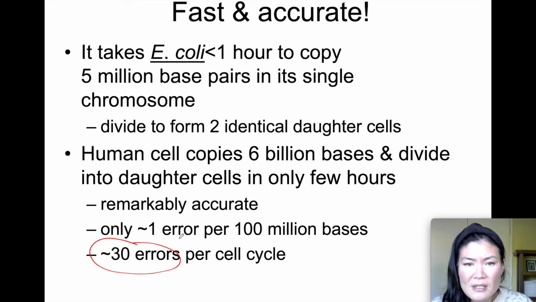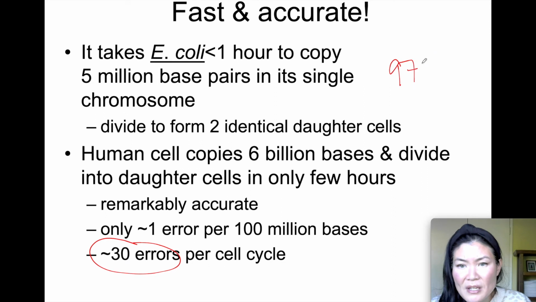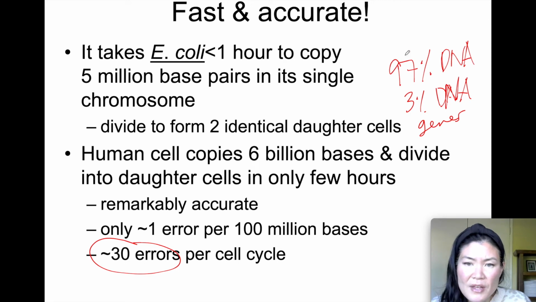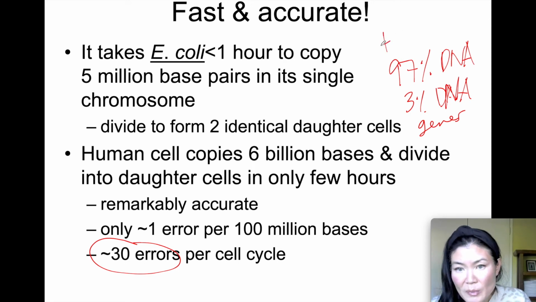Well, the thing is that, I think it's like 97% of your DNA actually does not contain genes. Okay, only 3% of your DNA, when you look at the genome, only 3% of it actually codes for proteins or make up genes. Okay, the other 97%, they could either be telomeres. Okay, telomeres.